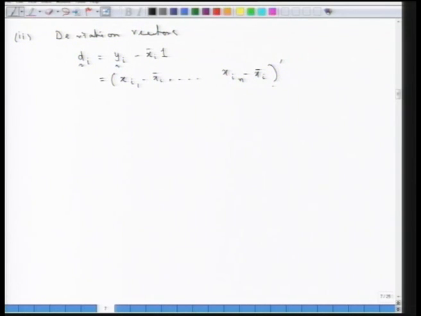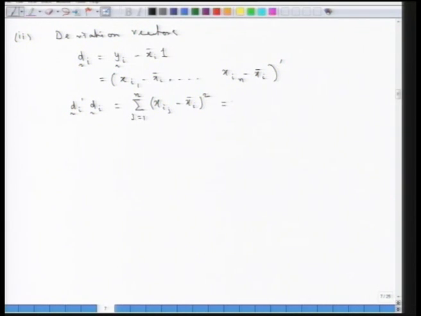Now if we look at the square of the norm of this deviation vector, that is d_i prime d_i, what is that going to give us? That's going to give us the sum of squares of these deviation quantities, given by the sum of x_ij minus x_i bar, squared, j equal to 1 to n.